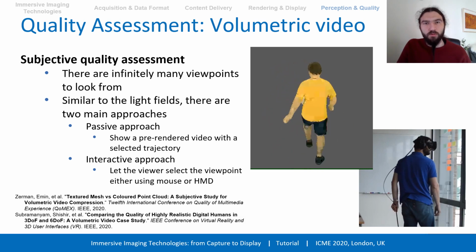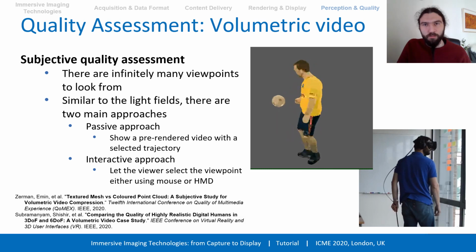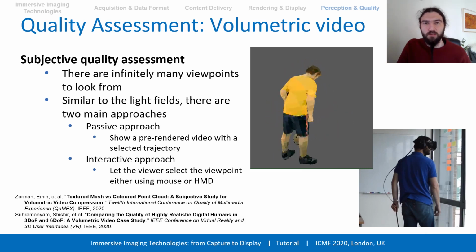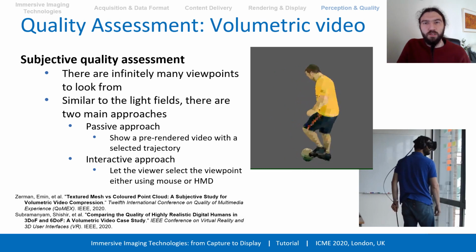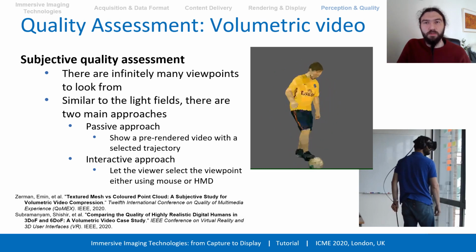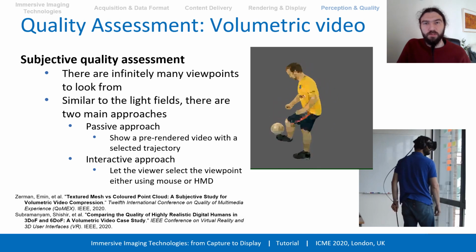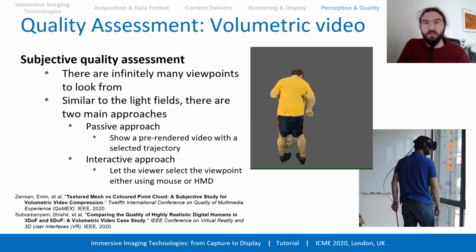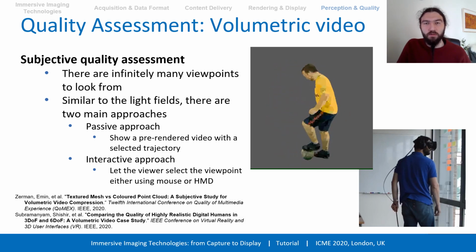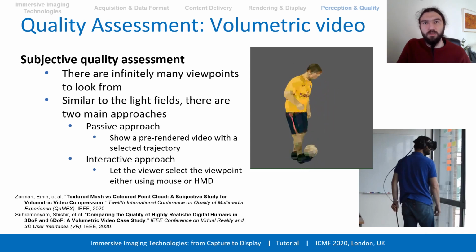In the passive approach, the participants are shown a pre-rendered video with a selected trajectory. That is, the video here shows an example for this case. The volumetric video is fixed in position while a camera rotates around it, and then this rotation and this trajectory has been saved as a traditional 2D video.